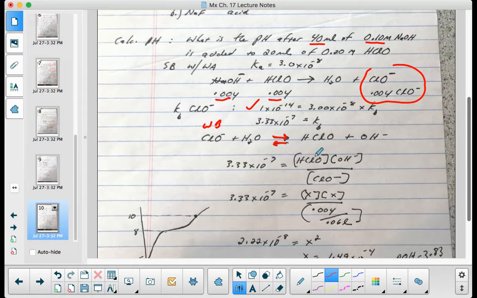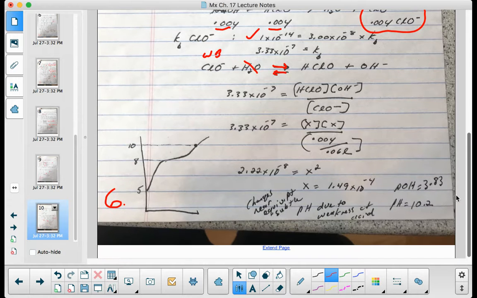Now that I have my Kb, I set up my Kb expression. Kb is equal to the products over the reactant. I, of course, leave out the water. That's just what the ClO negative reacts with to produce hydroxide. Now I have this expression: Kb is equal to x times x over 0.004 over 0.06.